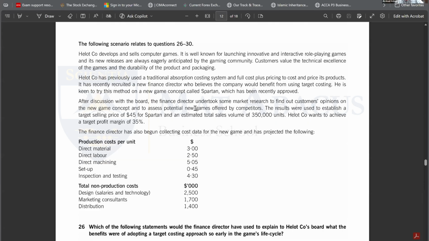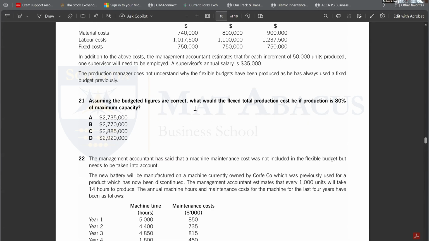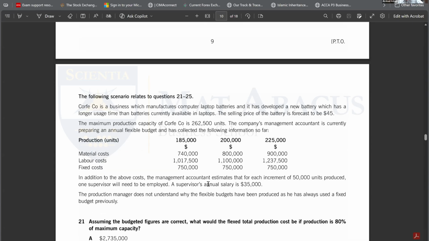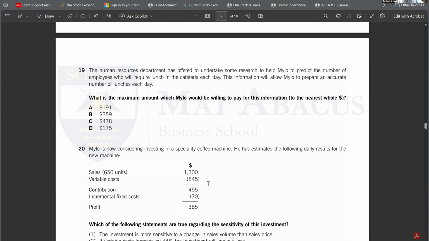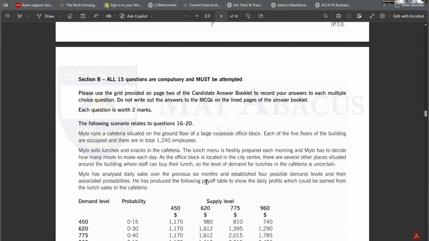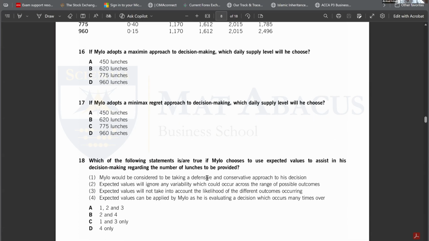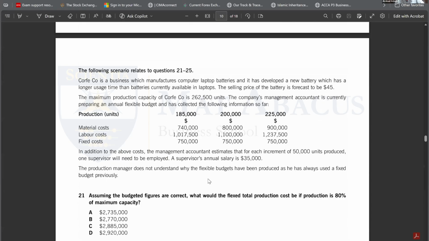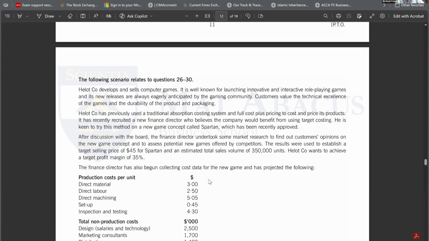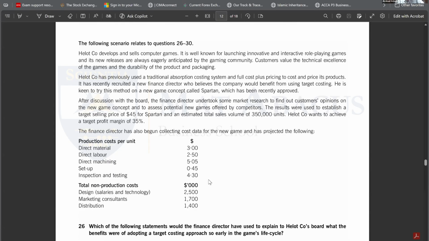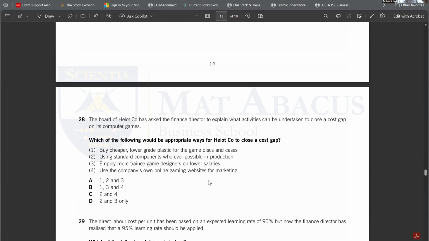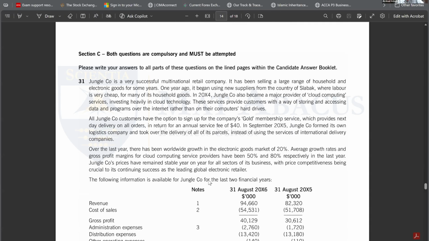And sometimes it could be as short as a third of a page. And in some cases, as short as maybe a quarter of a page. In this particular exam, the shortest is 1/3 of a page. But in section C, the scenarios are much longer. Yeah, they're much longer, as you can see here.